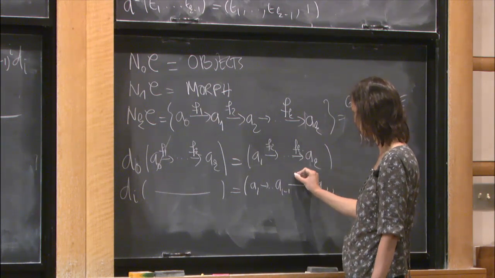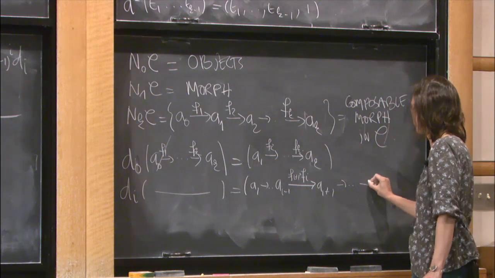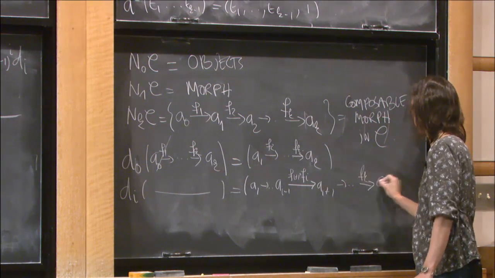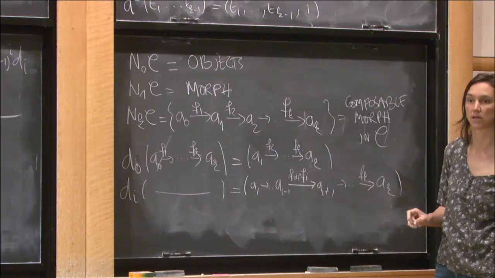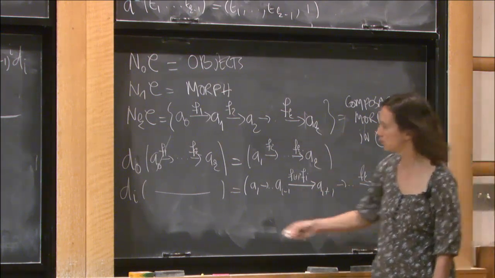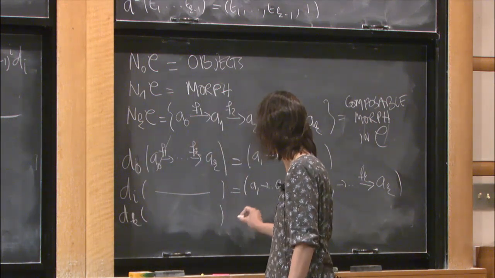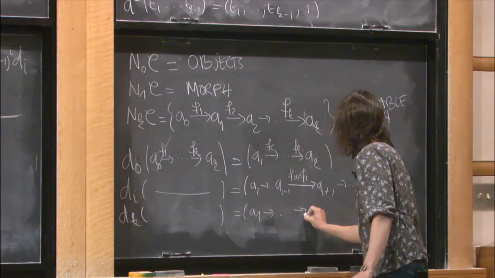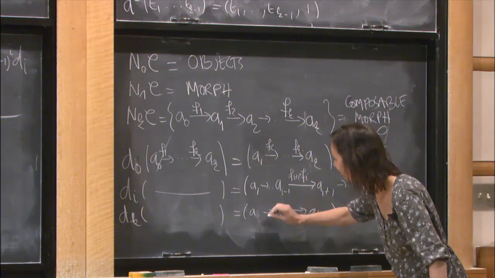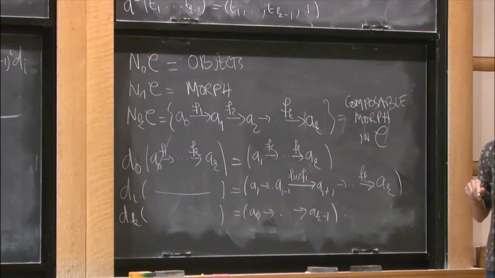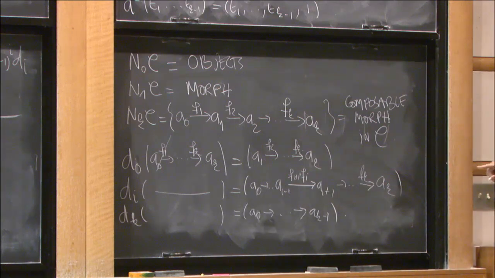I forget A_i, so I compose F_{i+1} with F_i, and then I keep going up to Ak. This works for every i strictly between 0 and k. And d_k, you can guess, is just dropping the last: A0 up to A_{k-1}. Thanks, I dropped the last, not the first; I was copying the previous line.